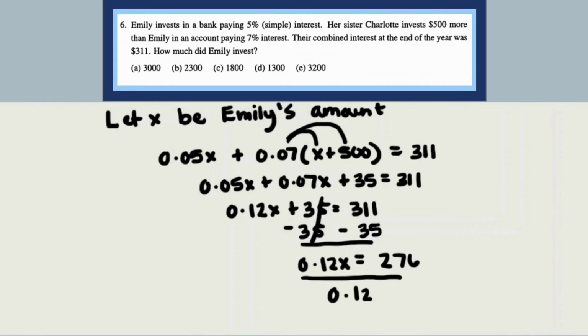And when we do that, we'll get X equal to 276 divided by 0.12, which will give us $2,300. And basically, this means that Emily's initial amount was $2,300. And the answer choice that corresponds with that is answer choice B.